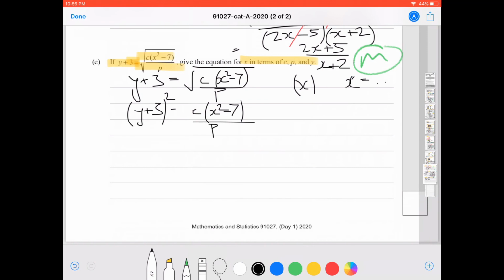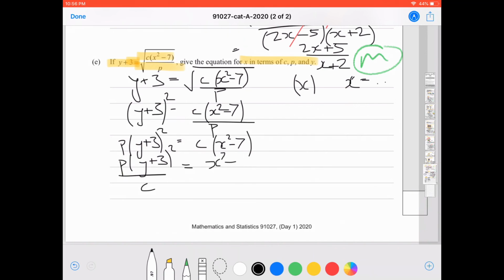Now we can multiply by p on both sides, so p times y plus 3 all squared equals cx squared minus 7. And now we can divide by c, so it's just a matter of working through it methodically. We've got p times y plus 3 all squared over c, that equals x squared minus 7.